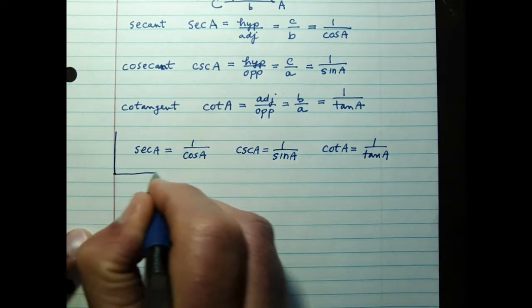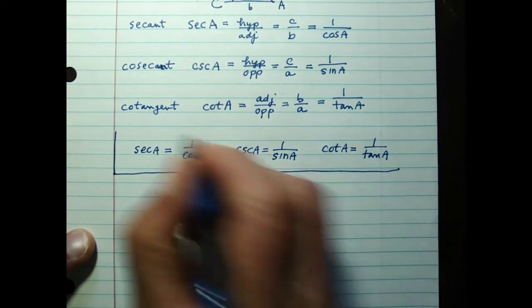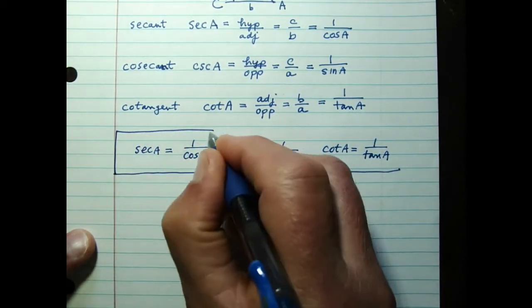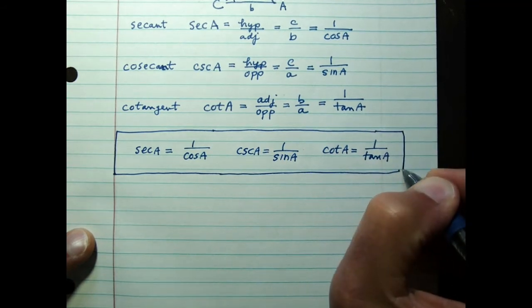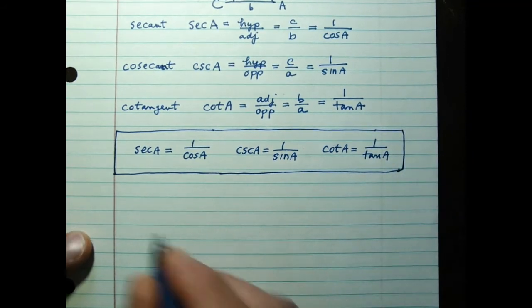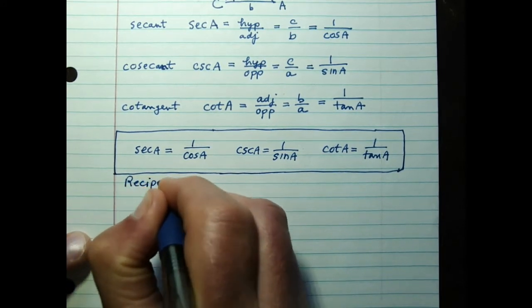I would just focus on this. So secant, cosecant, and cotangent can be defined from cosine, sine, and tangent. These are called the reciprocal relationships.